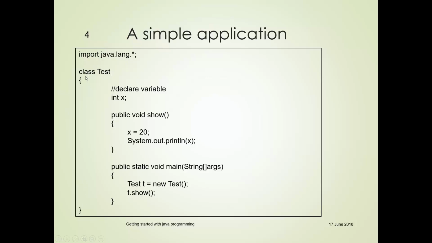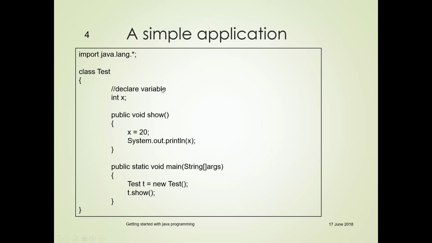Now what does a class consist of? The class consists of my program, which includes the variables. Here I can see this variable, int x, is a variable. I will come back later to what a variable actually means. But for now this is a variable, int x. Before the variable, after the double slash, I have written "declare variable". This particular line is called a comment.